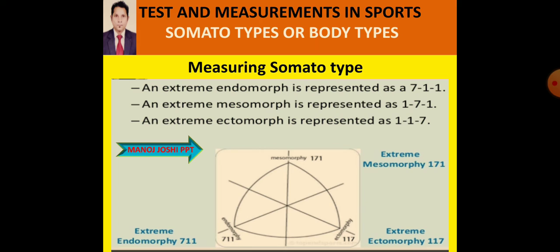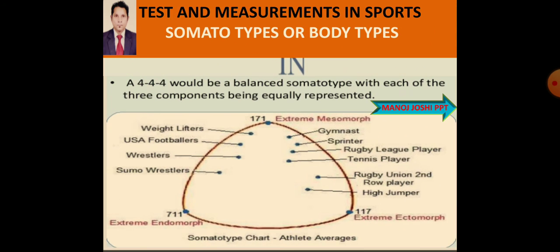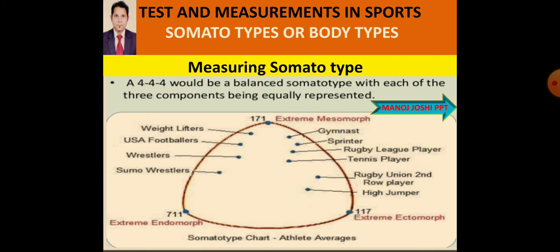They are all related because the first number represents endomorph, the middle number represents mesomorph, and the last, right, third number represents the ectomorphy. Then another one, 444, would be a balanced somatotype, with each of the three components being equally represented.